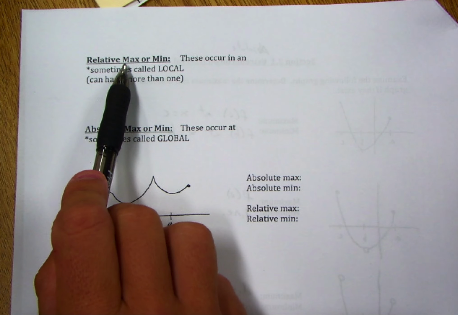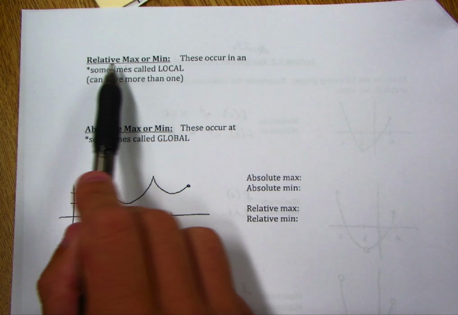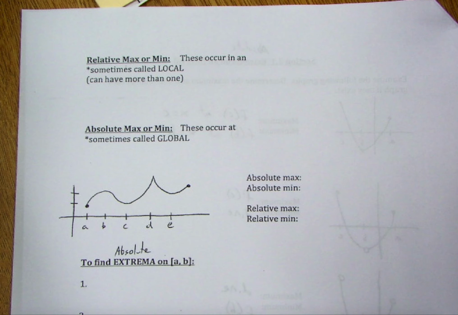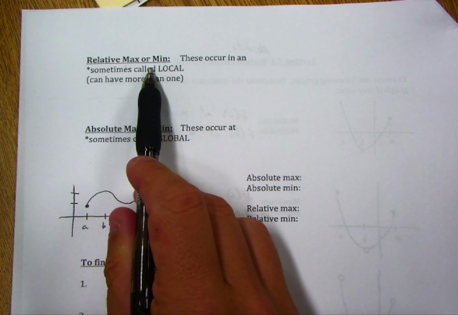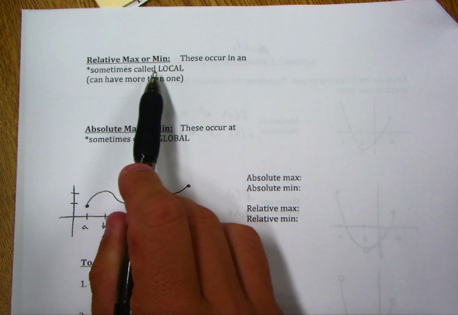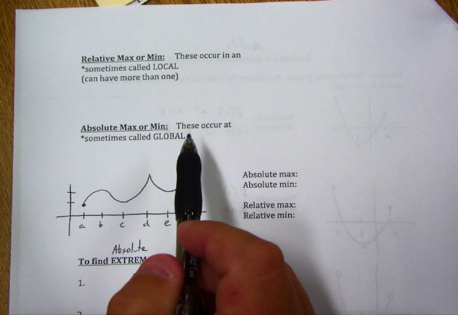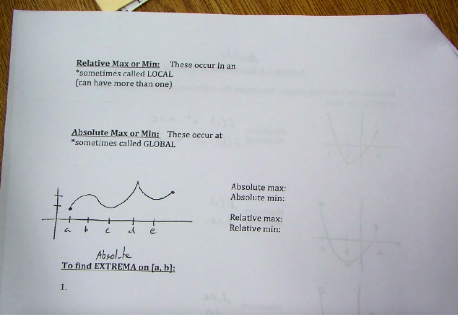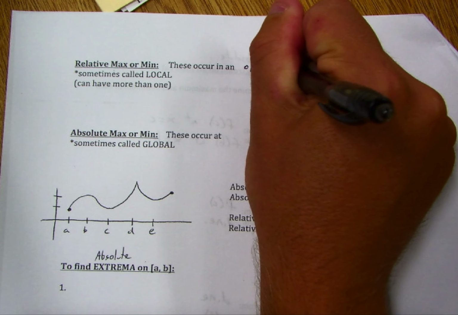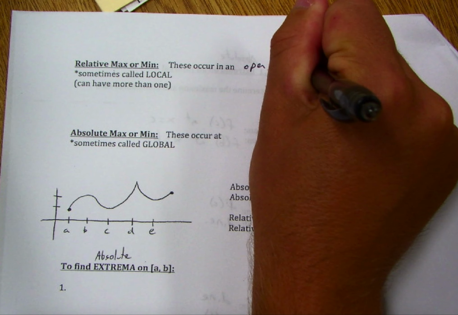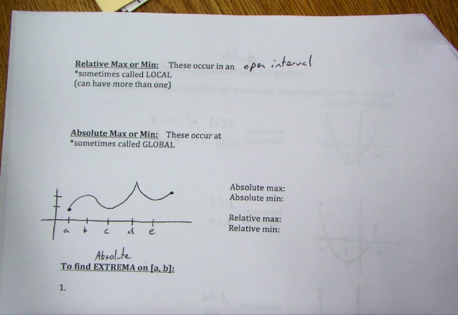We will get into, but not really today, what's called relative max or mins. And so I'm going to talk about that first just because this is not really what today's lesson is about. Sometimes these are called local max or mins, but these are going to occur in an open interval.